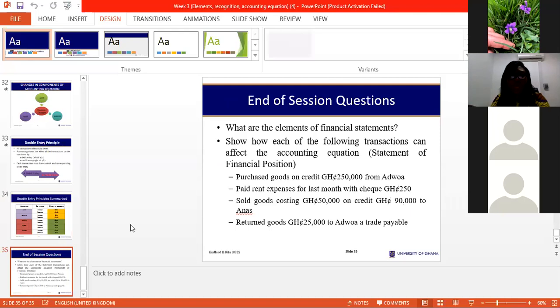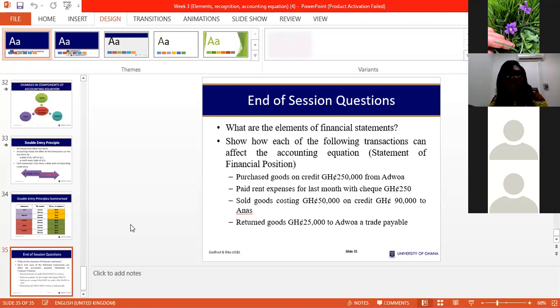I guess you know what the elements of financial statements are, but more importantly, you should be able to show how the following transactions can affect the accounting equation. And if you are asked what the accounting equation is, you can straight away write it out and explain it in your own words.